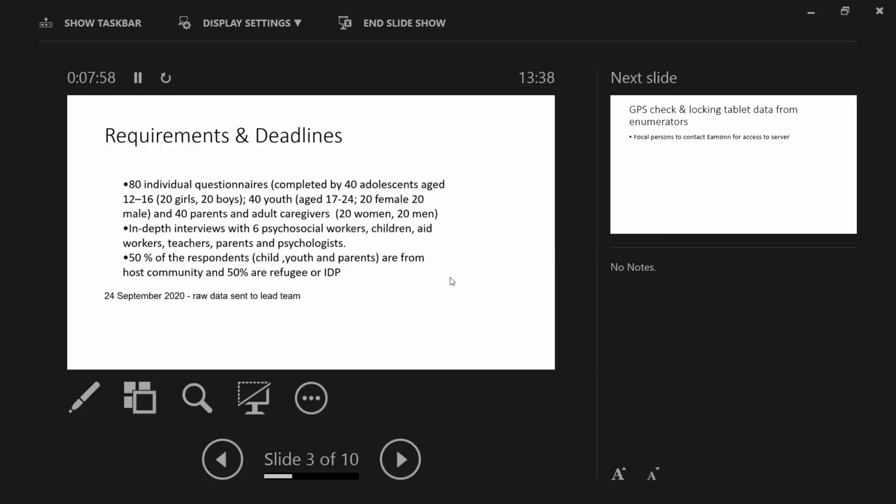Yes. So what is important to know is that we are collecting data from 6 countries. Besides the Middle East, we have Colombia, DRC Congo, and South Sudan.